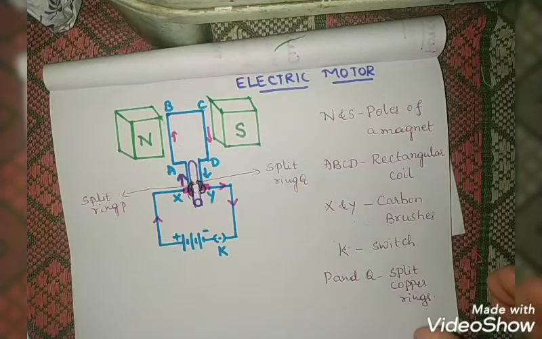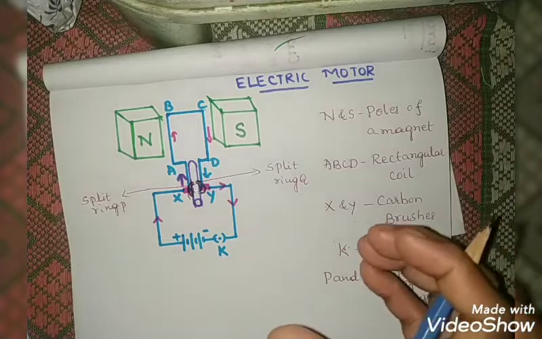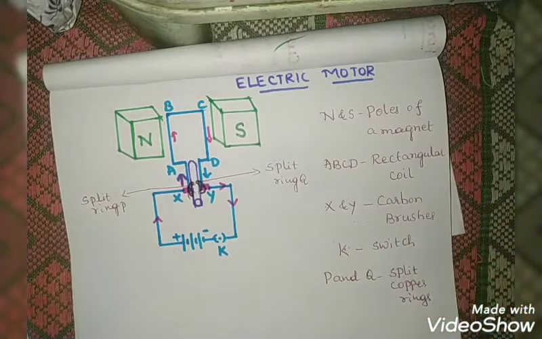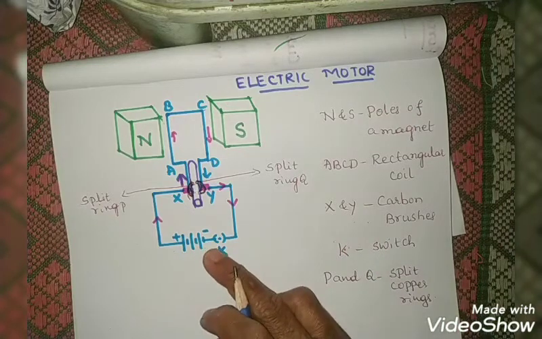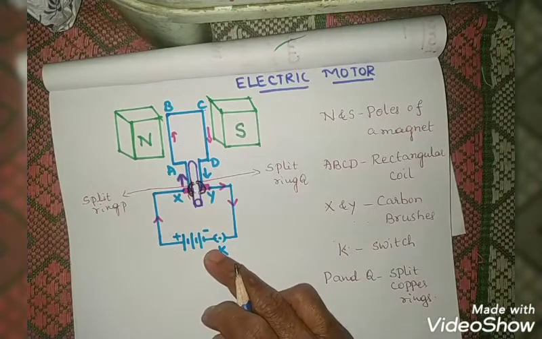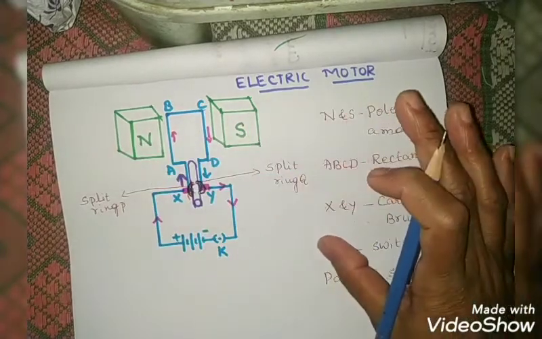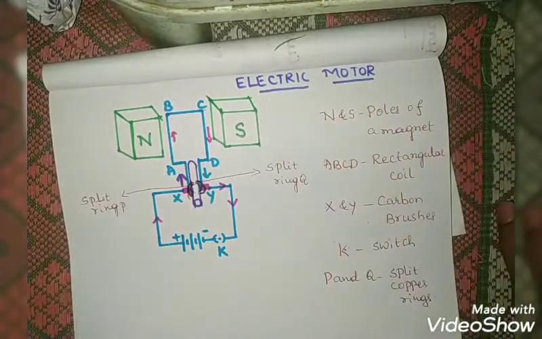What is the scheme of representation of an electric motor? How will it be? What are the parts of an electric motor? Let us know more about it. As you can see in the picture here, it is a schematic representation of an electric motor, children.